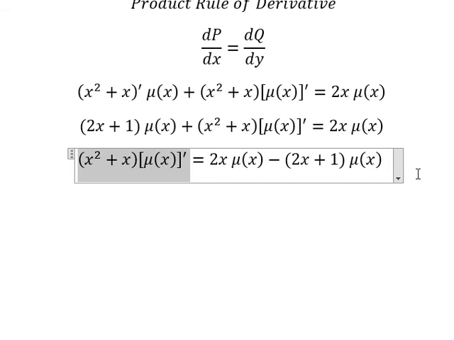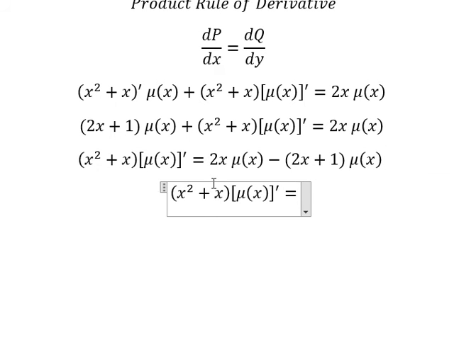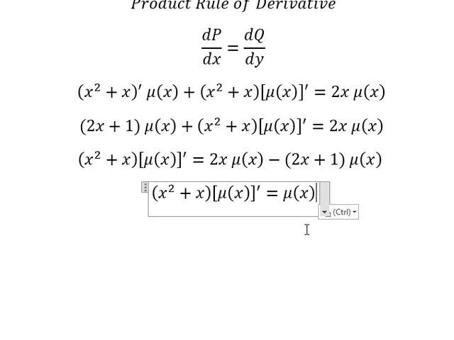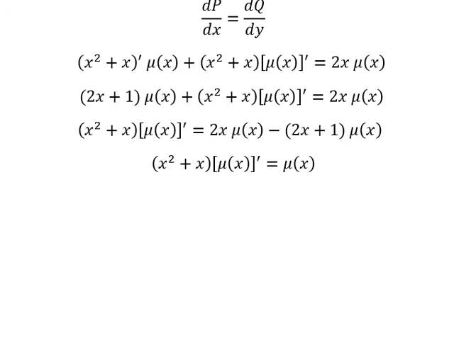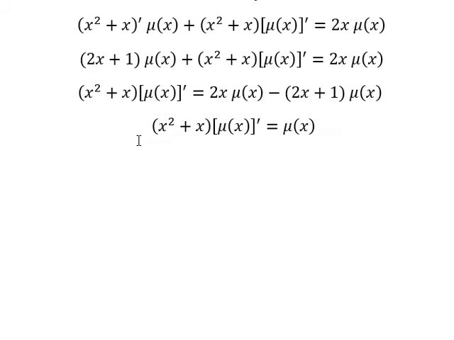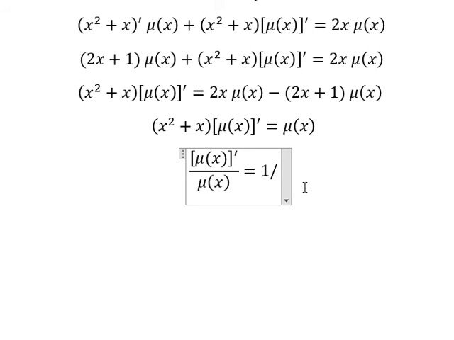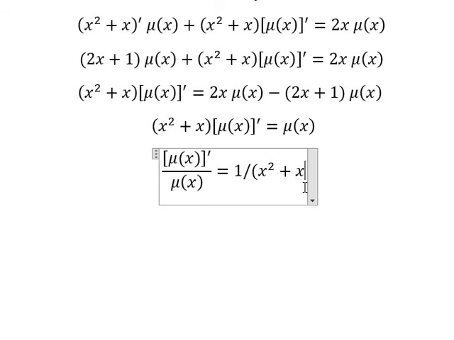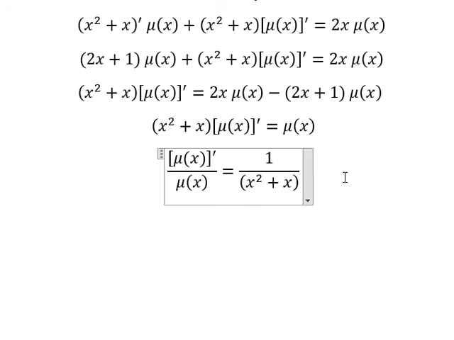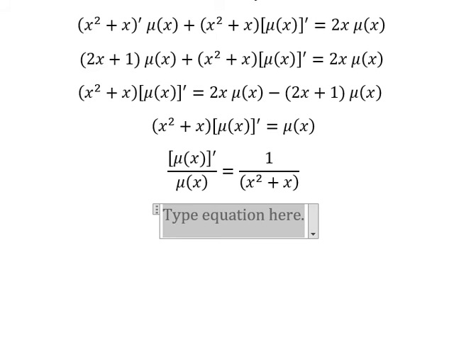We simplify and we just have only mu s. Next, we divide by mu s, and s squared plus s will go on the right. So we will have like this. Next, we put the integration for both sides.